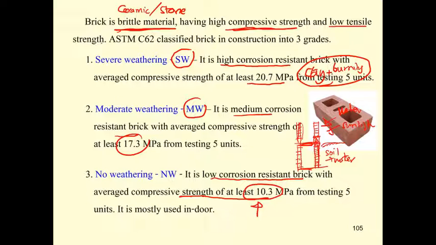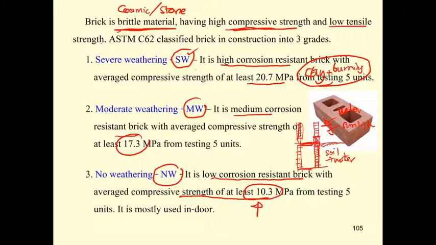So in conclusion, you classify the brick in accordance with how you are going to use it. If the brick will be in your basement or foundation, subjected to the soil, the water, and any harsh environment, you're going to use the SW grade brick.